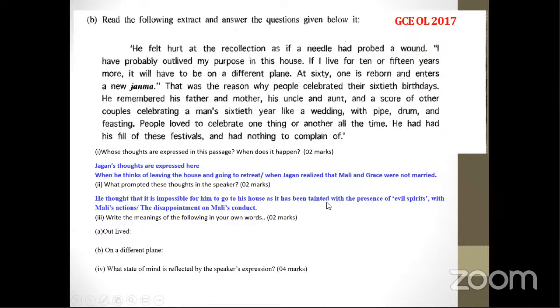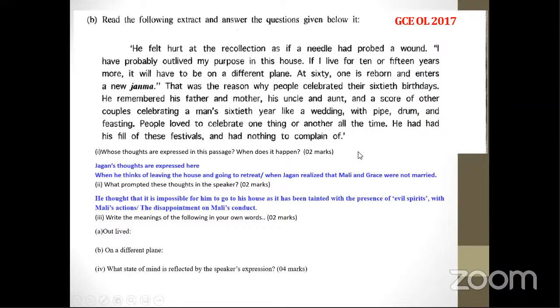Why? What has happened to Mali? We know his conduct. And on the other hand, you can mention the disappointment on Mali's conduct. It can be disappointment on Mali's conduct also. As a father, he suffers a lot. Even that answer is accepted.